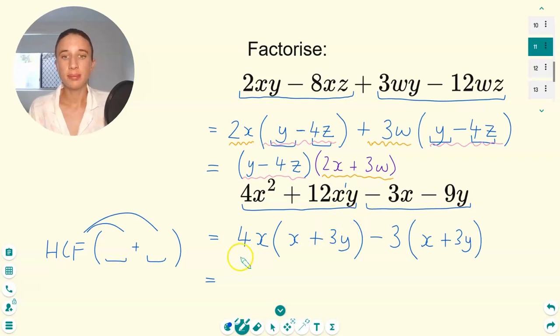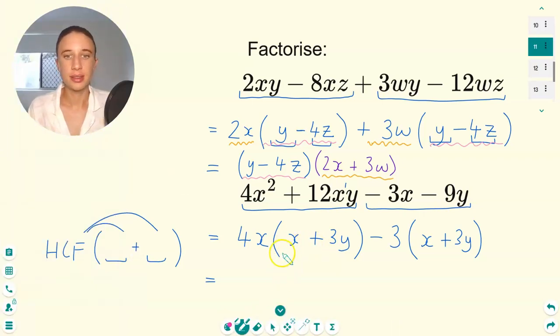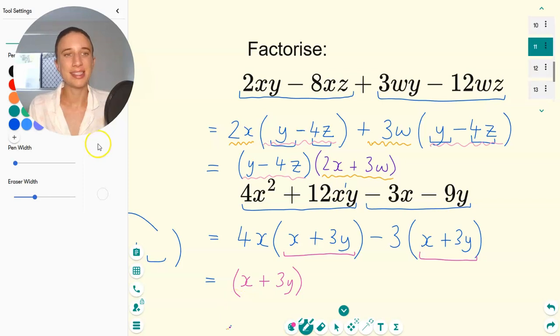What's common between this and this? X plus 3y is actually common. Let's do it in pink again. This is the common factor that you're pulling out the front. X plus 3y, a pair of brackets, is the common factor.